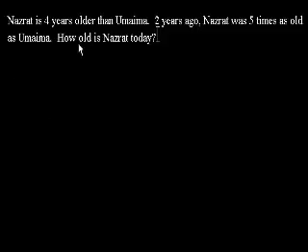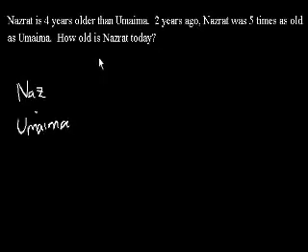So once again, what were we trying to solve for? We're trying to solve for Nusrat today. So let's say this is Nusrat, we'll say Naz for short, and let's say this is Umama. And this is today. I'm making a little chart.